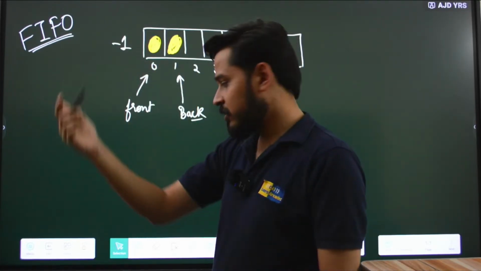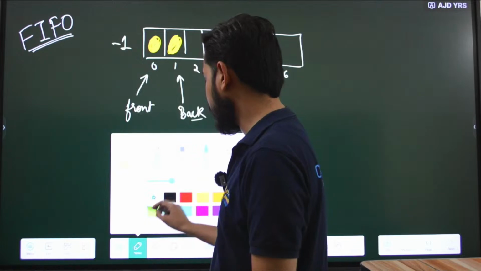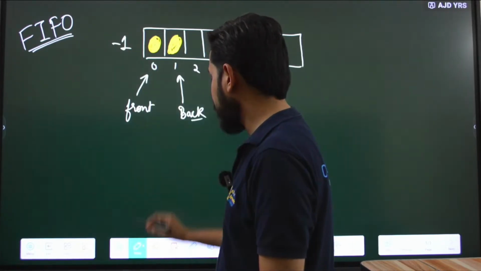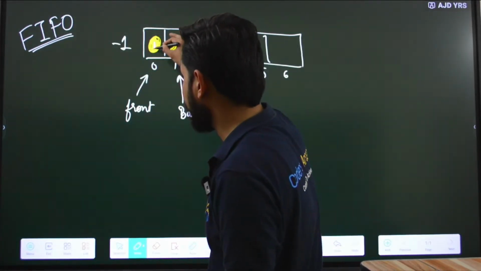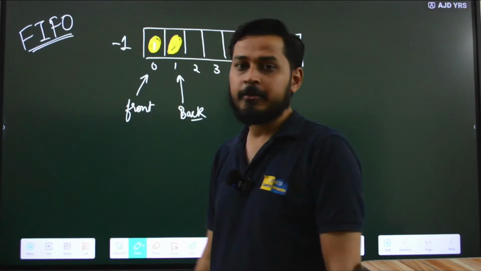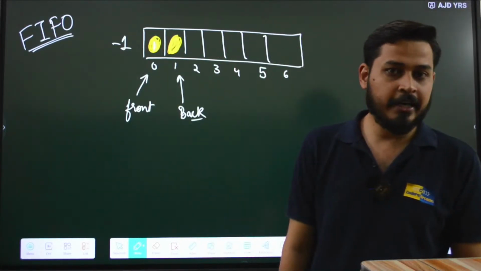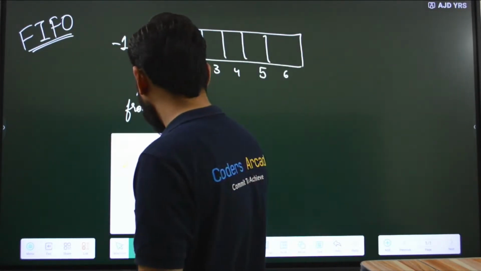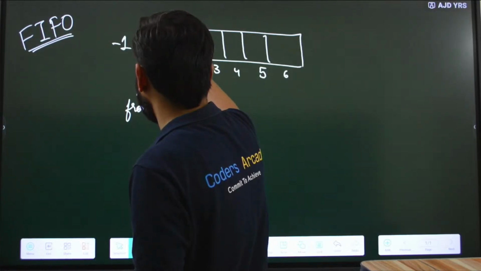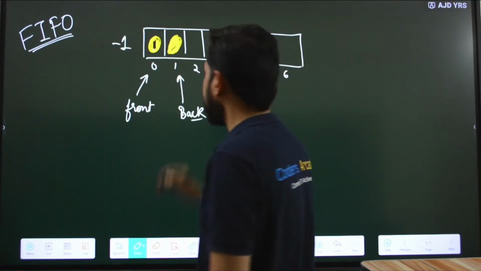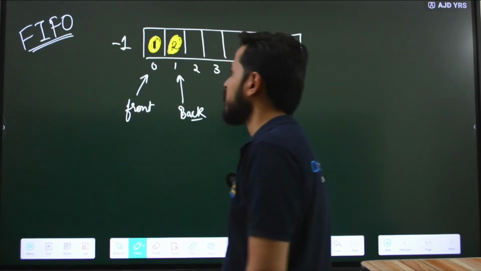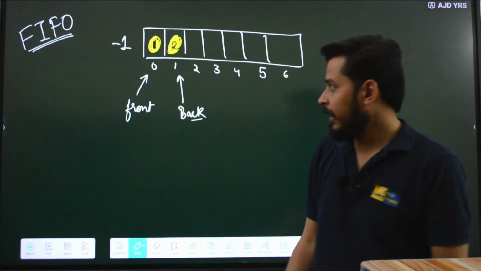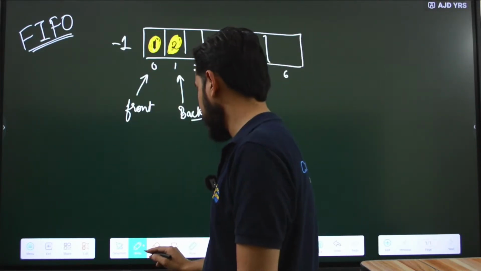When front plus plus is deleting the element, you see for yourself, this was the first element which got entered, and this was the second element which got entered. And if I say front plus plus, what will happen?